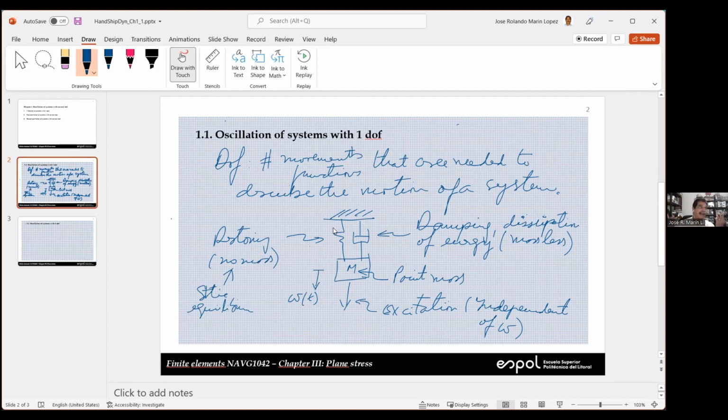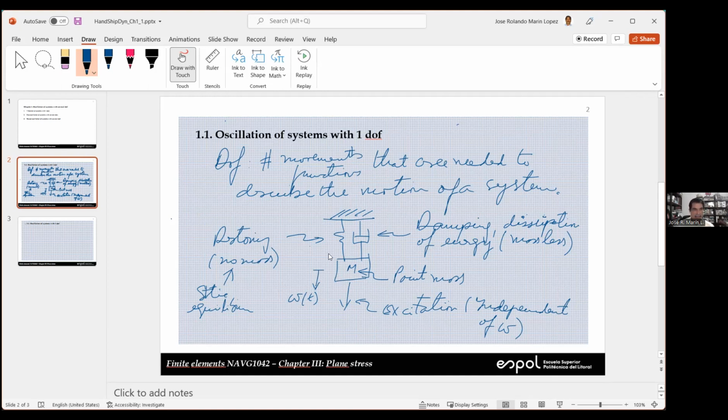Because there is no mass. If these two were not equal to 0, we would be in trouble because the acceleration would be infinite. And we don't want to work with those kind of systems, all right?